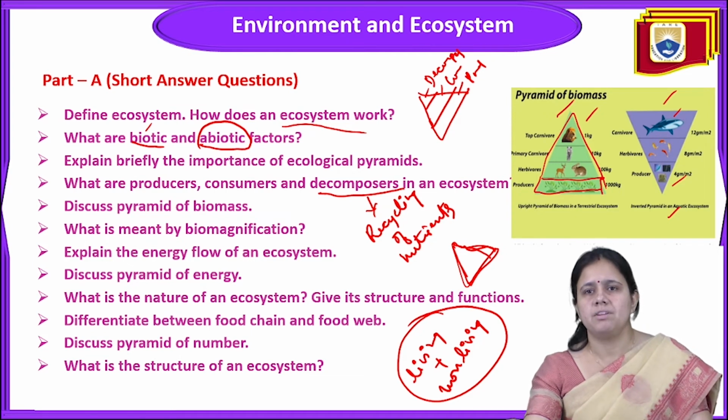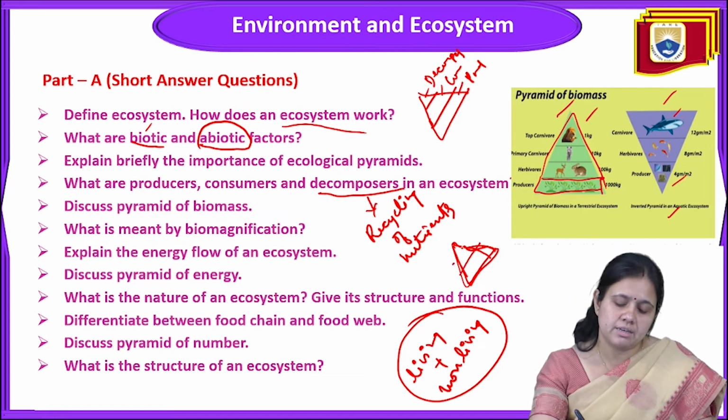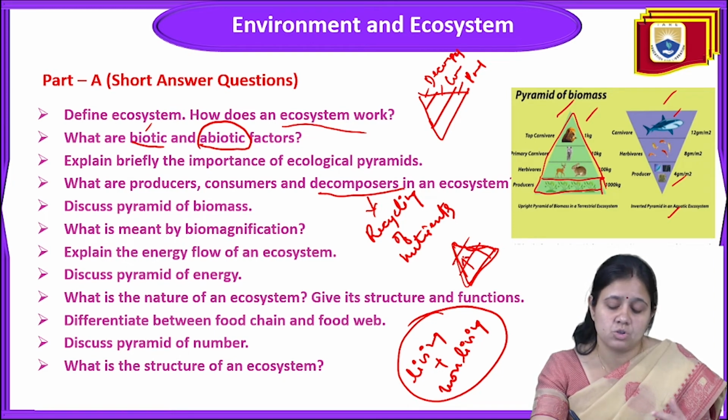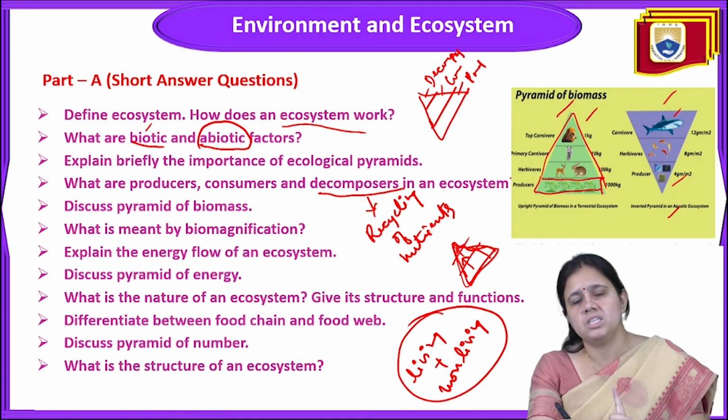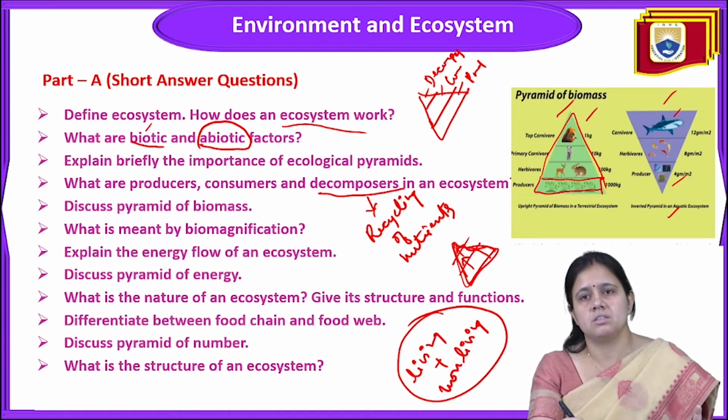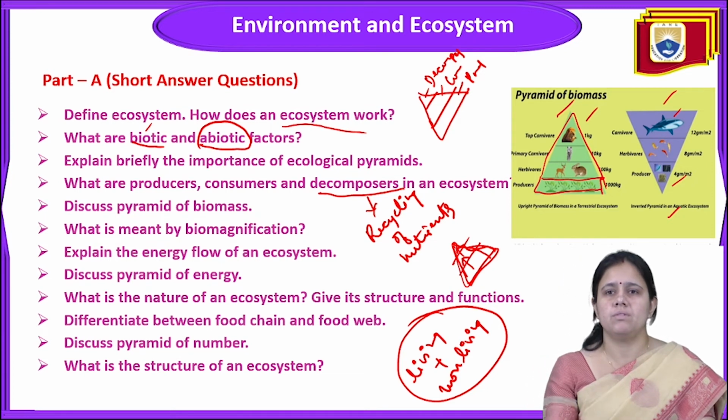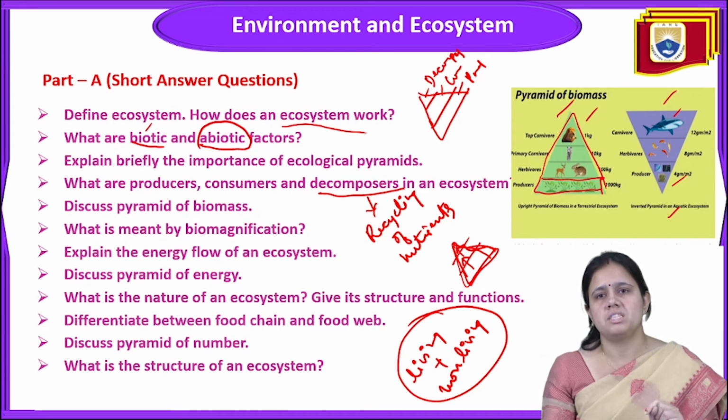That is about 10%, called the 10% loss of energy. So from producer to consumer and decomposer, some loss of energy is there. That is about the pyramid of energy. And one more very important thing regarding this pyramid of energy: it is always upright in nature. So always remember this point.